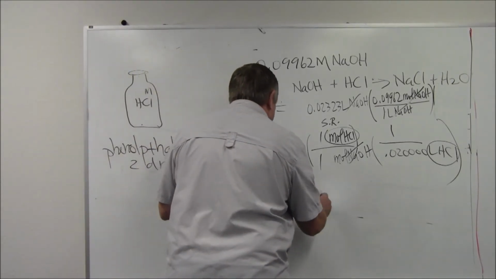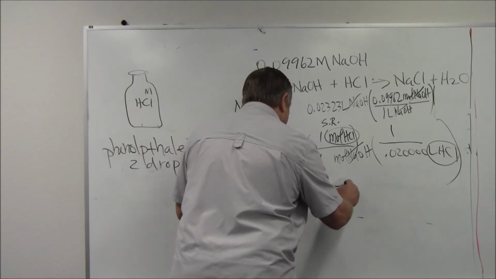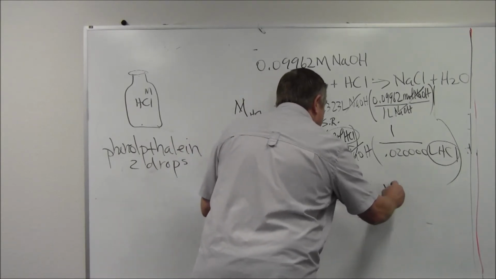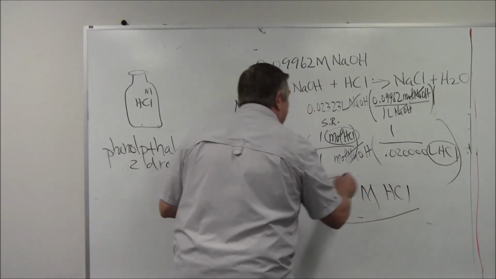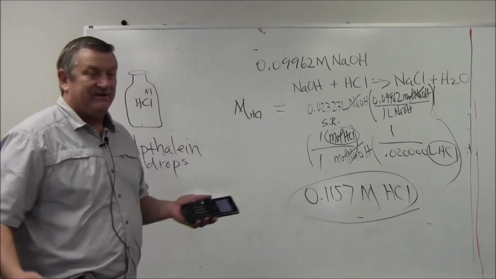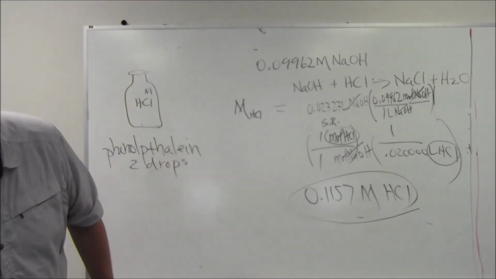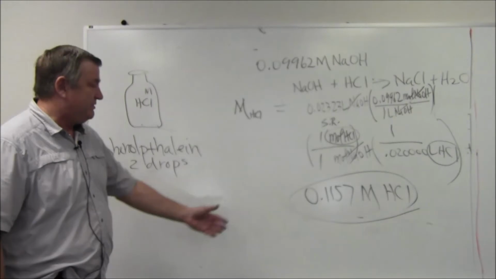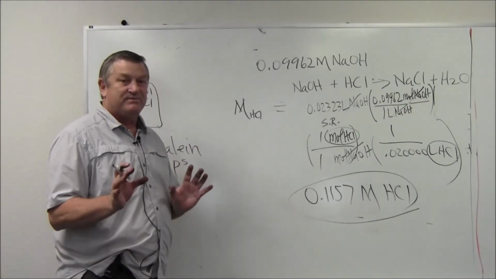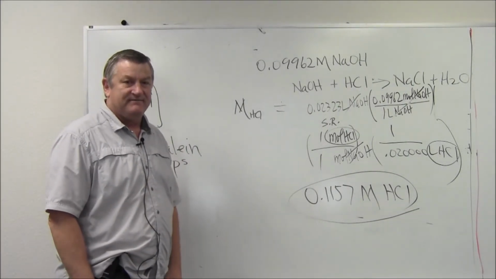And I got 0.1157 molar HCl. Now I know the concentration of my unknown acid. It's 0.1157 molar. And this is super accurate if you have good technique.